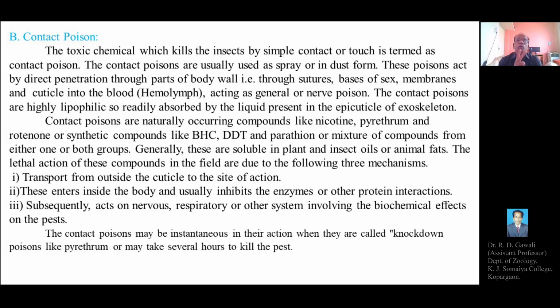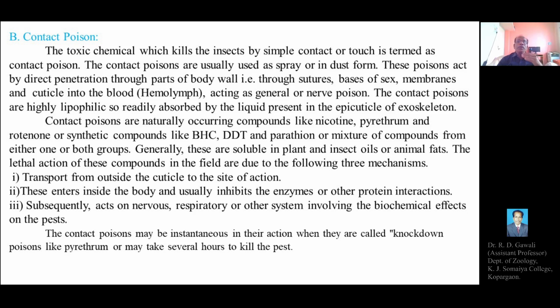So there are two groups of contact poisons: natural compounds such as nicotine, pyrethrum and rotenone, and synthetic compounds such as BHC, DDT, parathion, etc. The contact poisons can be used as a mixture of one or both groups.